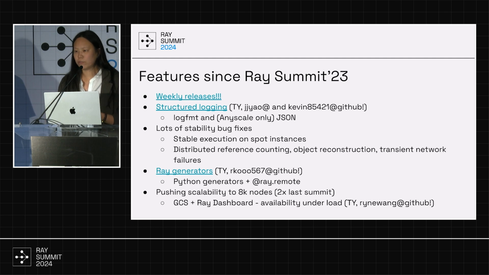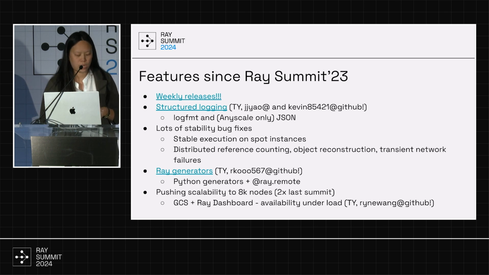We have a ton of different stability bug fixes, and a lot of these are related to execution on spot instances. So you can expect to see better reliability in these cases. I'll also do a little bit more of a tech deep dive on two features, Ray generators, and some exciting developments in scalability of Ray clusters, going from 4,000 nodes at the last Ray Summit to now over 8,000 nodes today.